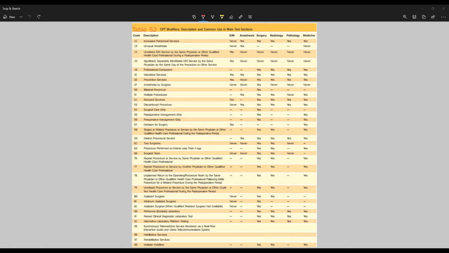Now, a few things to note. The specific modifiers that we looked at for this last week. So the first one is modifier 58. 58 is strictly what's called a staged or related procedure by the same physician during the post-operative period.